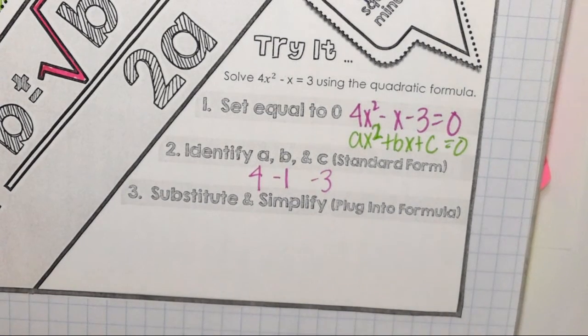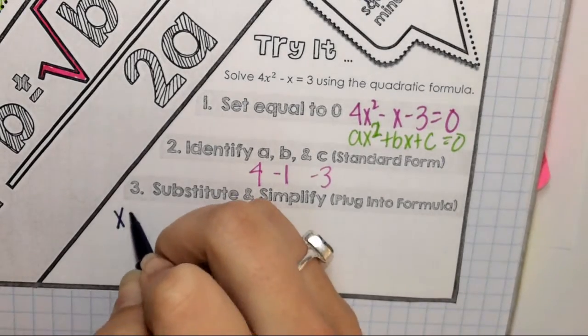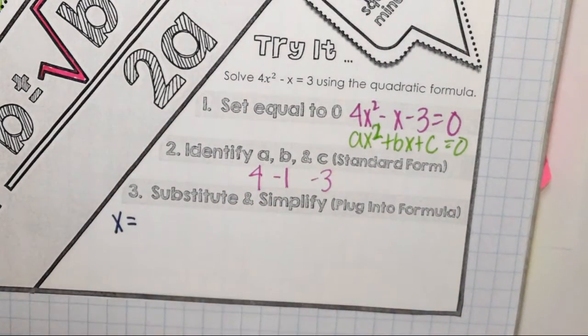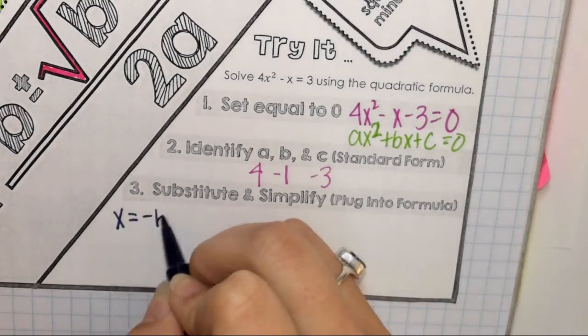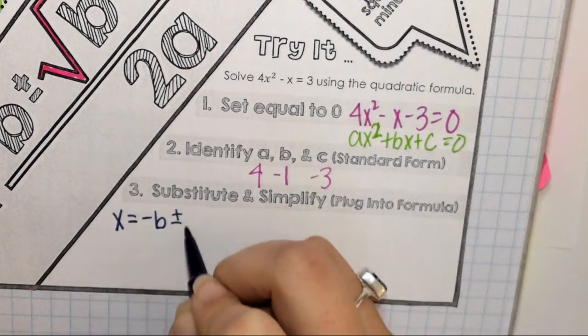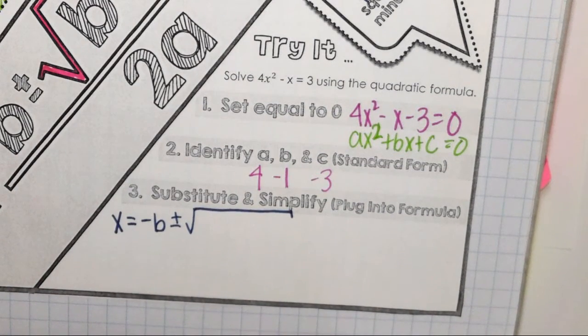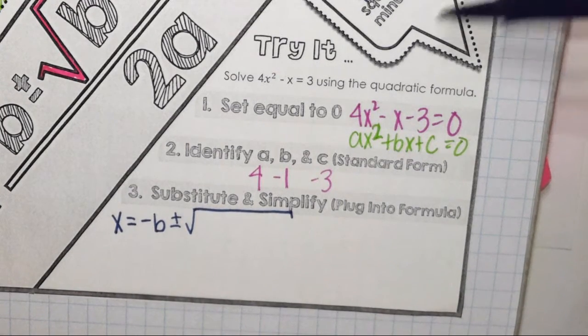So now what we're going to do is take those numbers and plug them into our quadratic formula. Now what is the quadratic formula? You see that little bubble with quotation marks right above it?